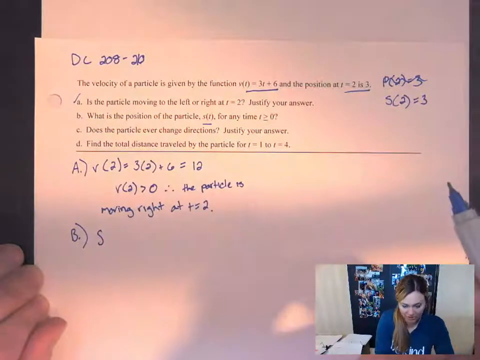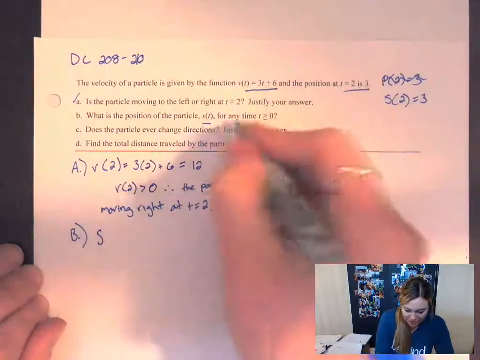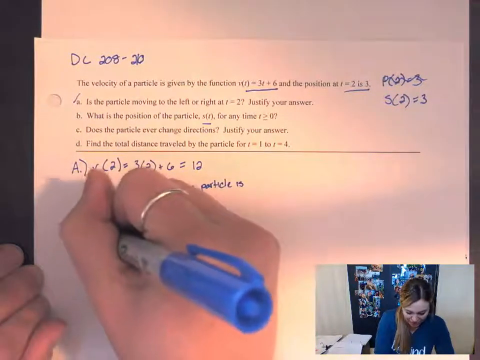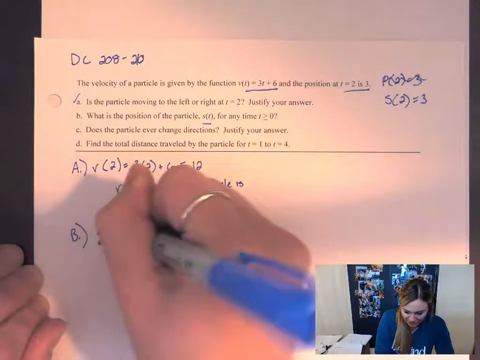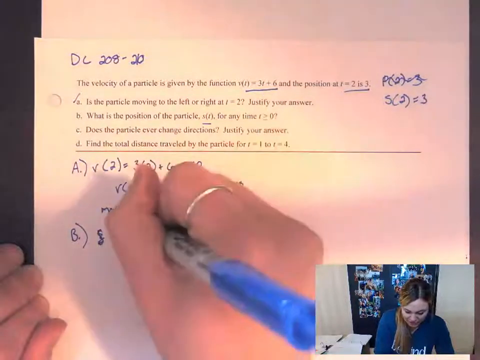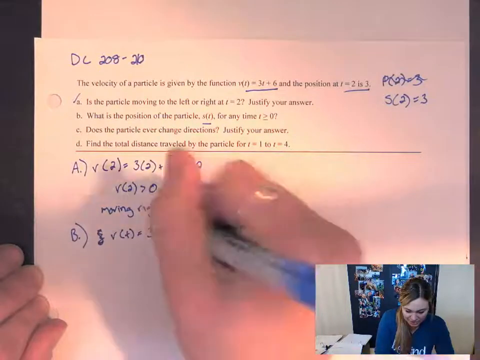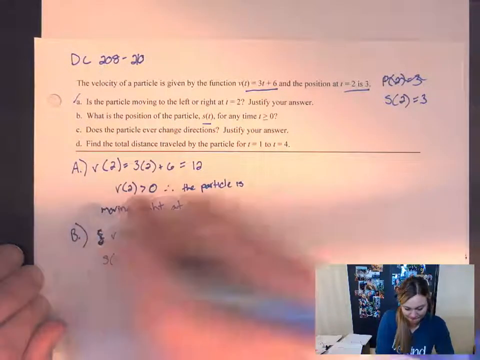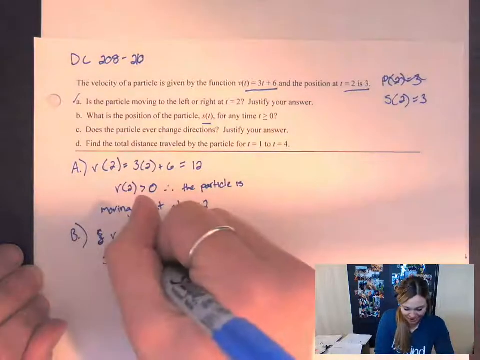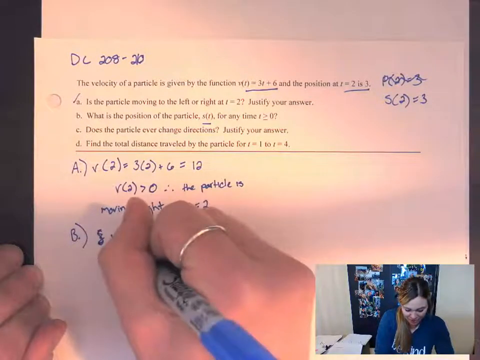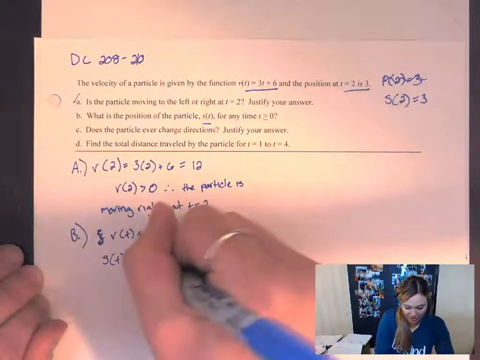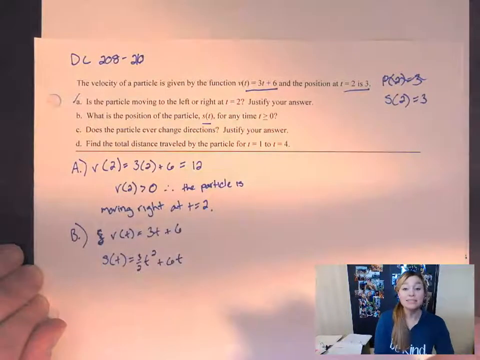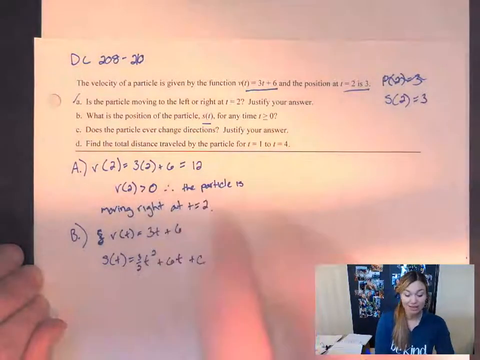Ooh, okay, so this is a little bit trickier. This is for any time. So I'm still thinking of integrating, but if I know velocity was 3t plus 6, that means position is the antiderivative, or I can say 3/2 t squared plus 6t plus c.